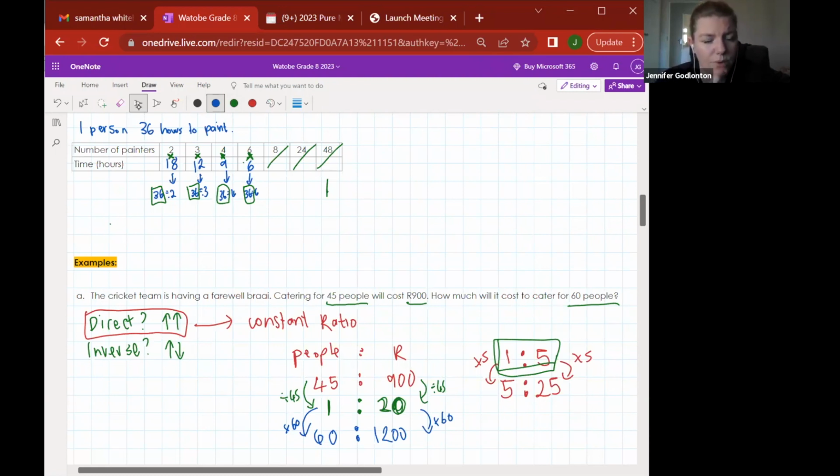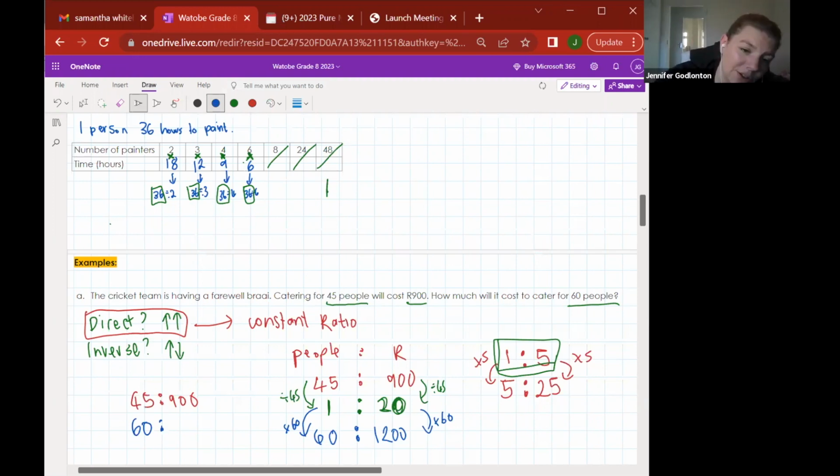Cool. Now, another way to do this, whenever you're working with ratios, so we have 45 to 900, is the divide up times over method. Okay, so we are wanting to find out what 60 is. So we just write the ratio, we write what we're wanting, you divide up and times over, and you put that into your calculator exactly like that.